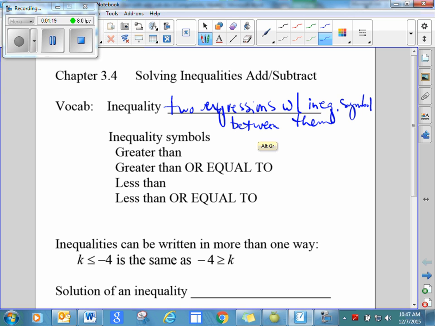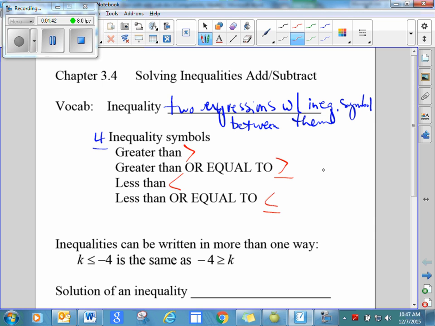There are four inequality symbols, four of them. They are greater than, greater than or equal to, which is the greater than symbol with a line underneath it, less than, and less than or equal to. Greater than and greater than or equal to are two different things.